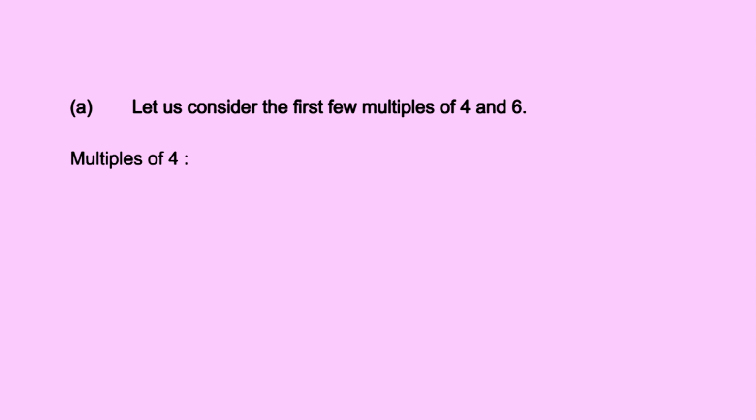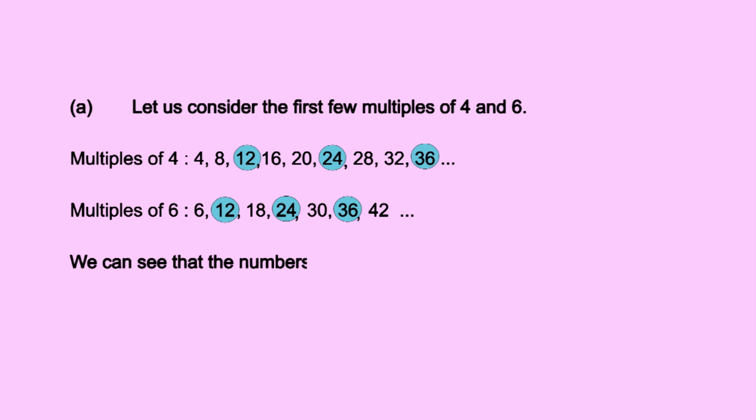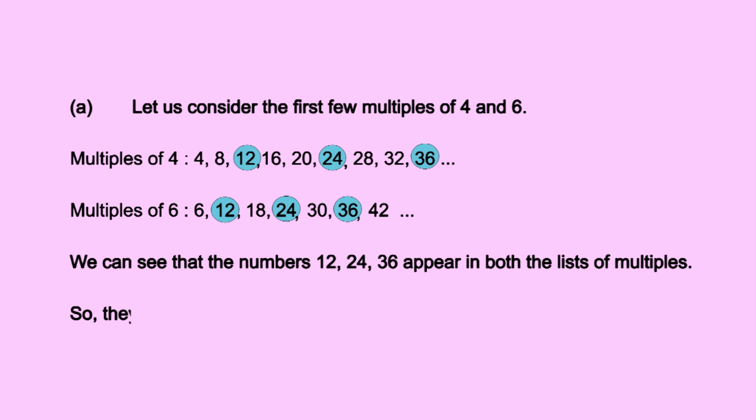Multiples of 4: 4, 8, 12, 16, 20, 24, 28, 32, 36. Multiples of 6: 6, 12, 18, 24, 30, 36, 42. We can see that the numbers 12, 24, 36 appear in both lists of multiples. So they are the common multiples of 4 and 6.